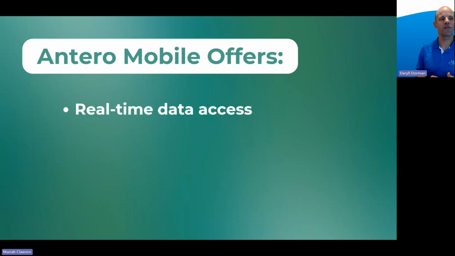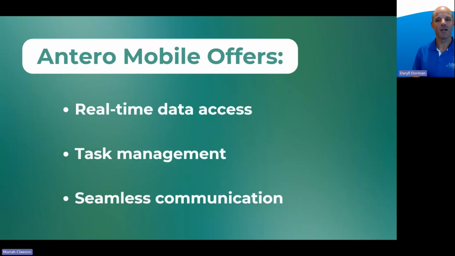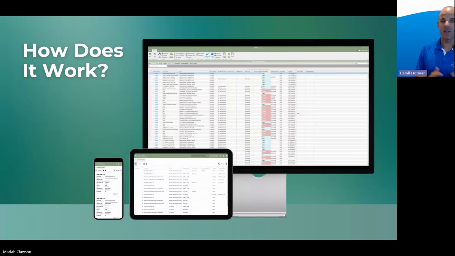Antero Mobile is going to offer real-time data access, task management, and seamless communication, all while you're on the go. The information will seamlessly sync across all your devices. So, an easy question from there would be, well, how does it work? Antero Mobile is a hybrid web-based solution that works in conjunction with your locally hosted Antero product.